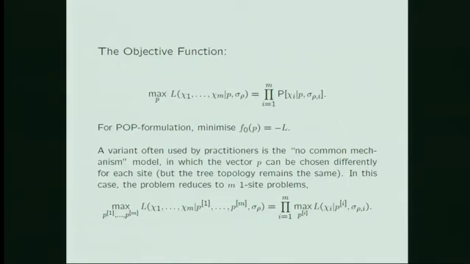So the idea is that what biologists do then is that they say, actually, because we have different sites, and these different sites may evolve at different speeds, different lambdas, if you will, it doesn't make sense to fix these probabilities p the same way for each site. So they then decouple the problem by saying we solve one of these problems for each site and then multiply it back together.